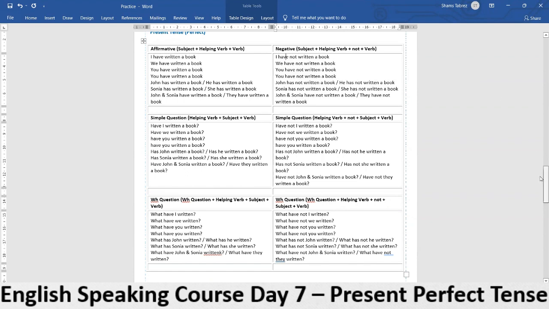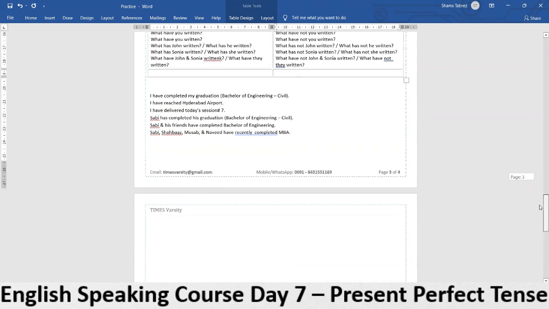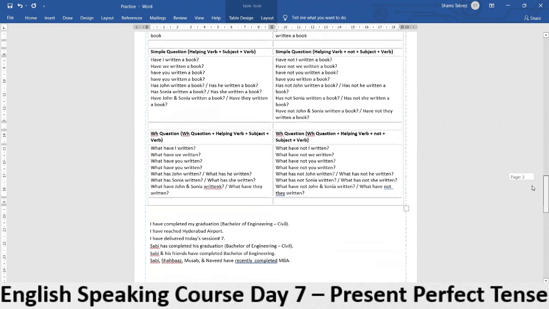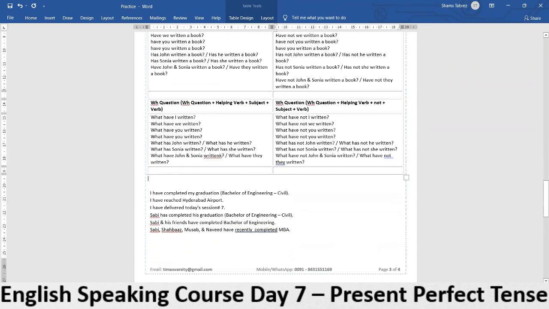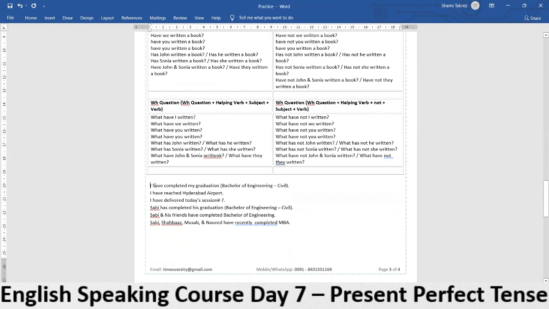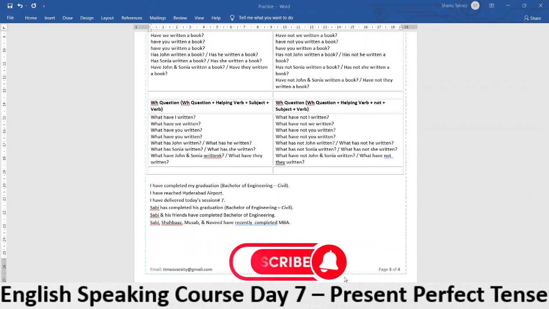Okay. And in case of a simple question, right? So please make a simple question in present perfect here. Anyone? Take any example.